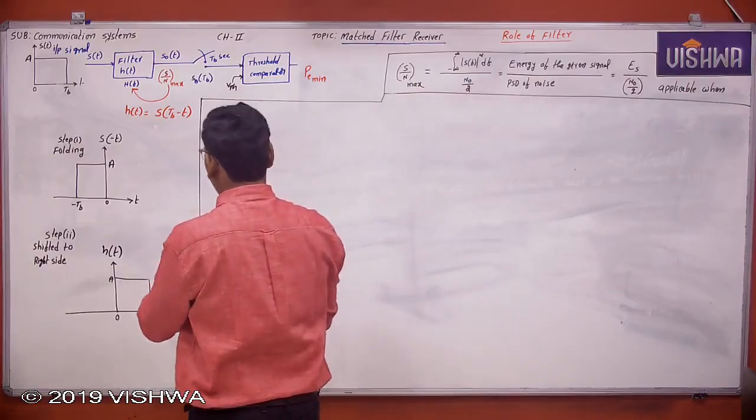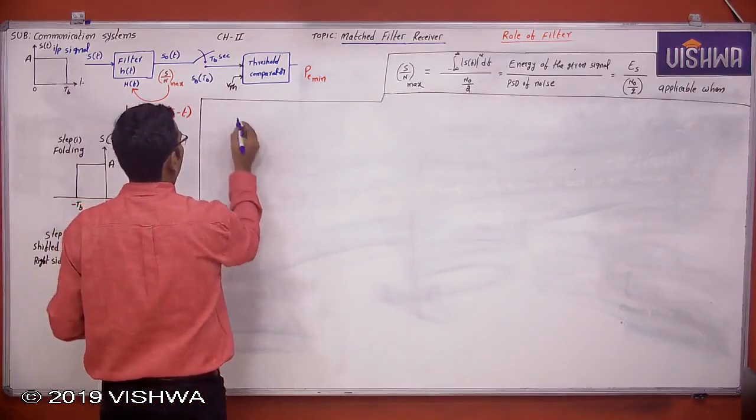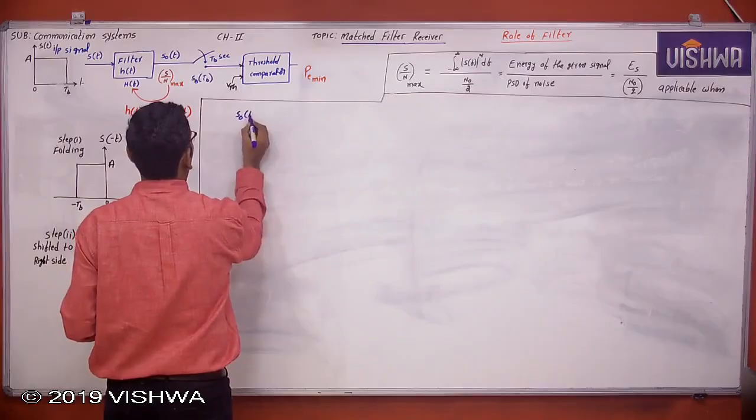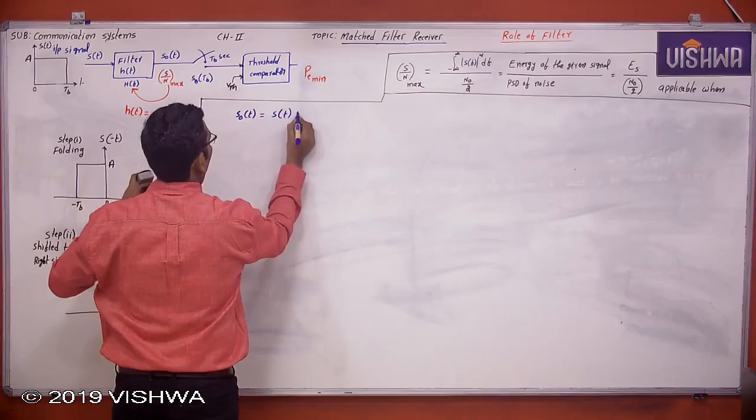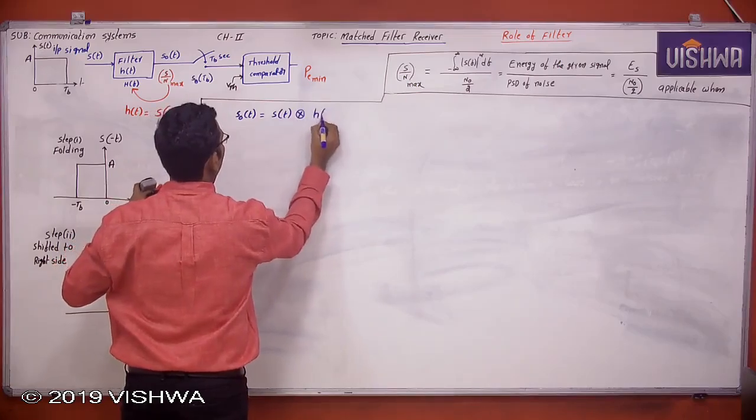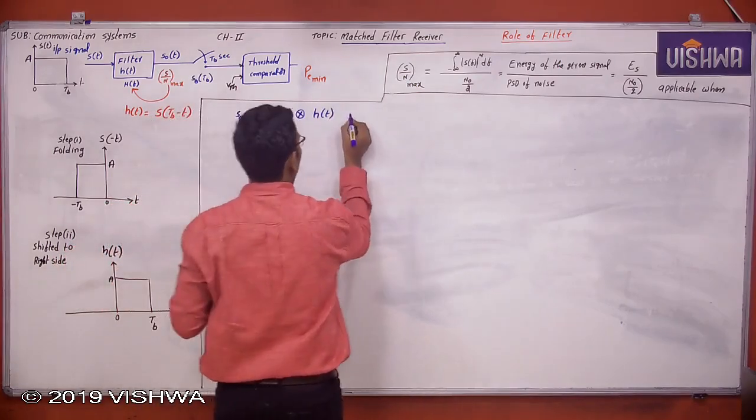What is the output of the filter? The output of the filter, which is nothing but S naught of t, is equal to S of t convolved with h of t. What is S of t?